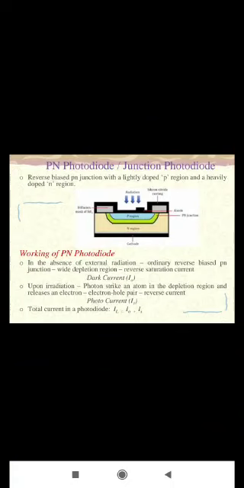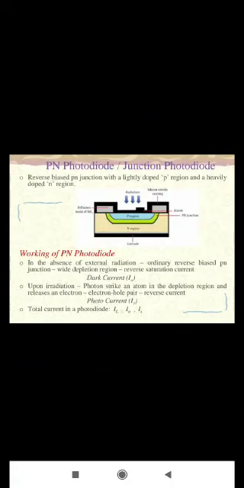Thus, a large number of electron hole pairs are generated, and this contributes to the reverse current called photocurrent in a PN photodiode. Actually, this occurs by the movement of electron hole pairs to the opposite terminals of the external bias. Thus, the total current in a photodiode is a sum of dark current I0 and photocurrent Is. So, the total current IL is equal to I0 plus Is.